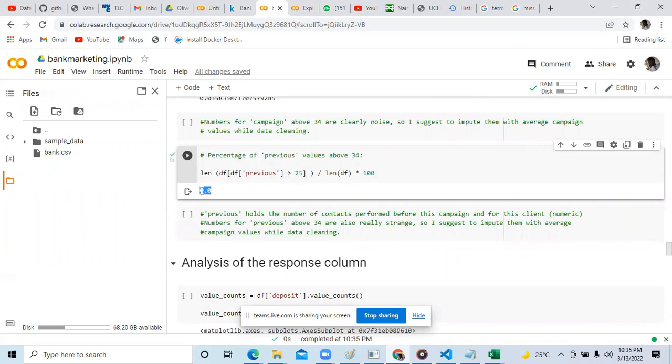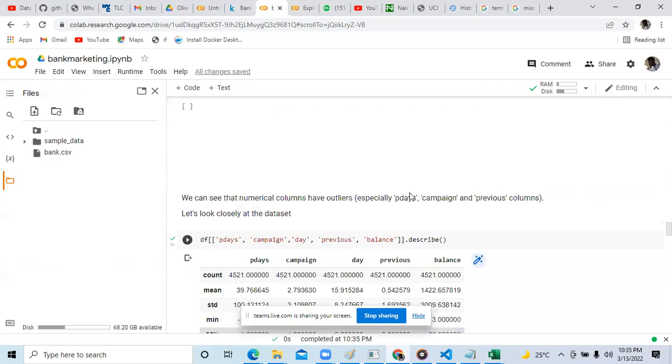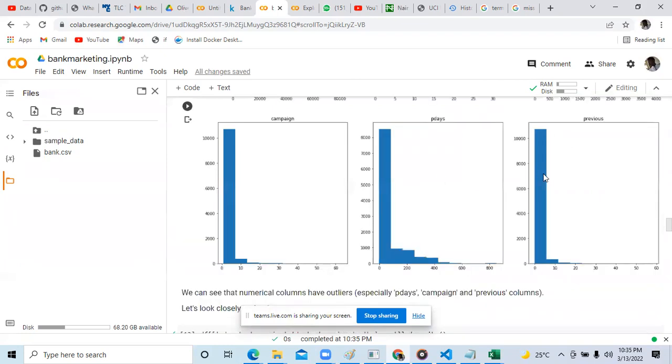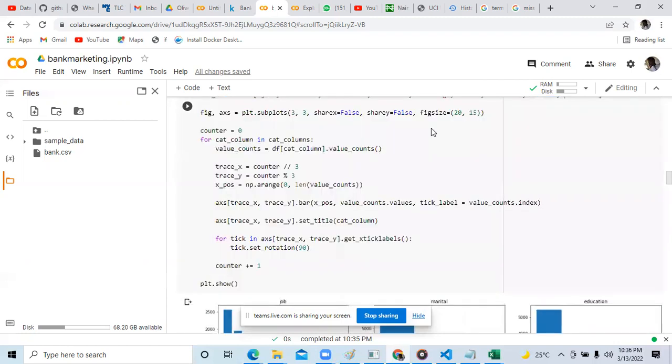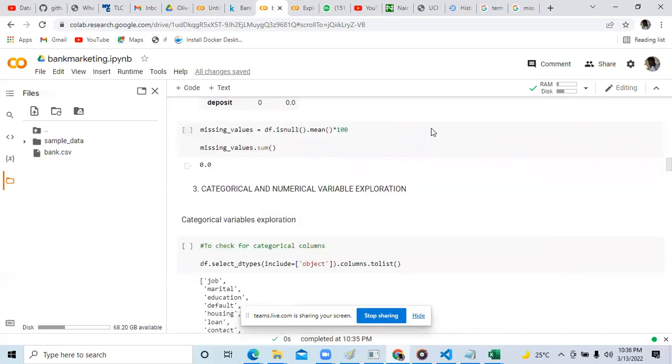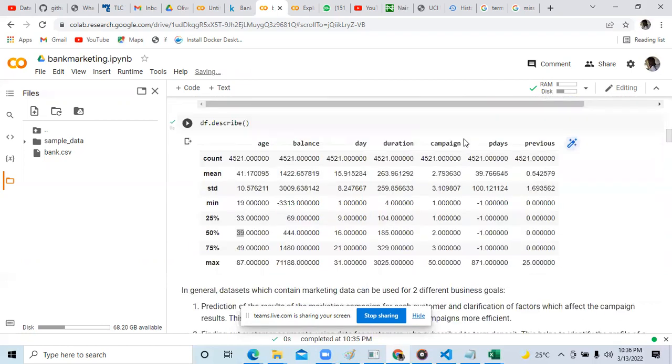It doesn't look to me like this guy is going to give us any special insights, since it's very, very badly distributed. Almost all the values in this previous are 25. Let me go back and look at it. Where's previous?